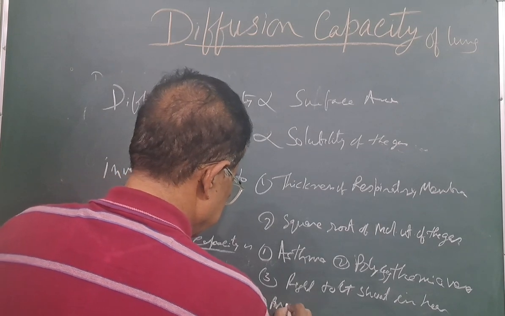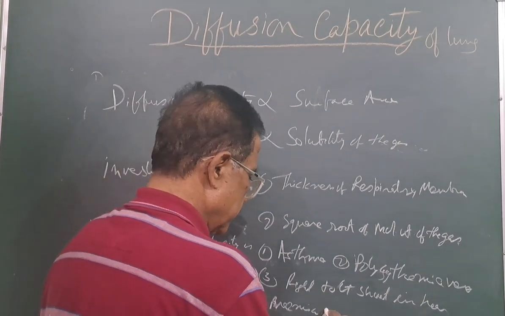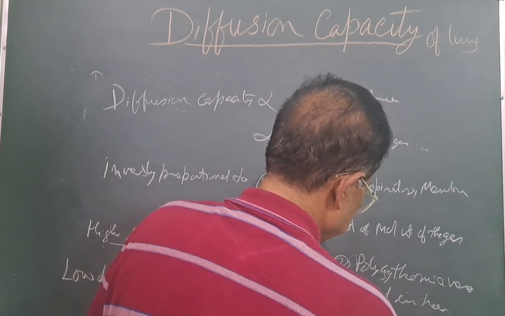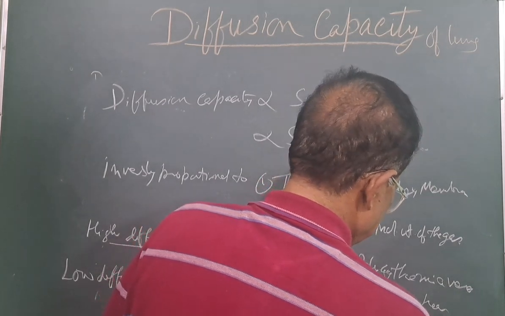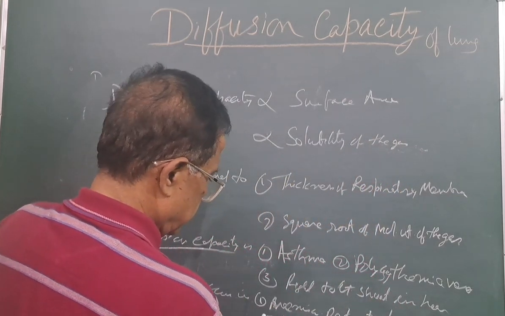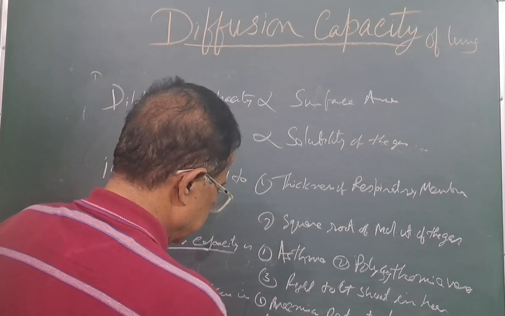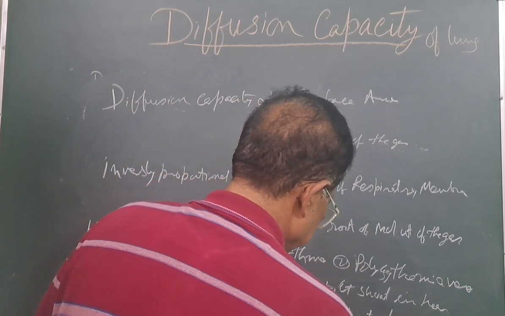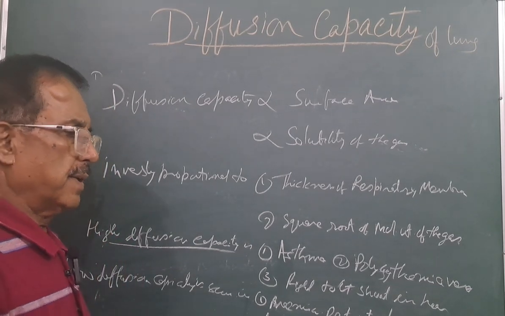anemia, restrictive lung disease, obstructive lung diseases, for example emphysema, then primary pulmonary hypertension, primary vascular diseases.